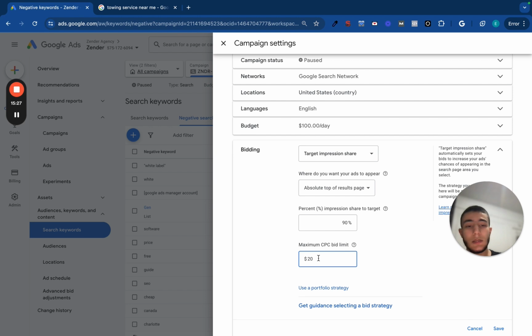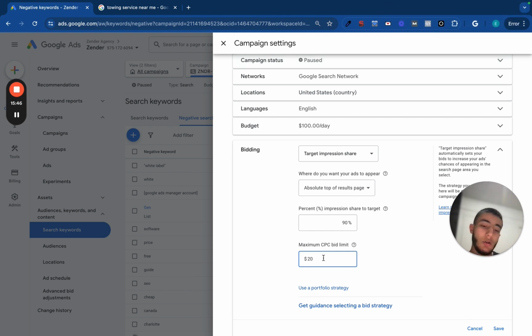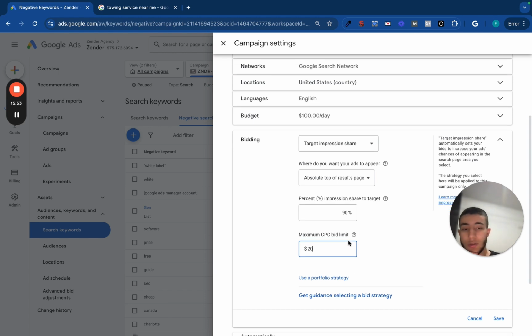So what it means is to be first in Google Ads 90% of the time on the bidding, when the click is less than $20. When it's more than $20, it's not going to bid, and it's going to lose the impression.